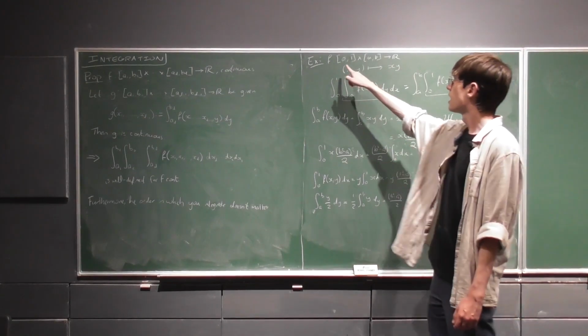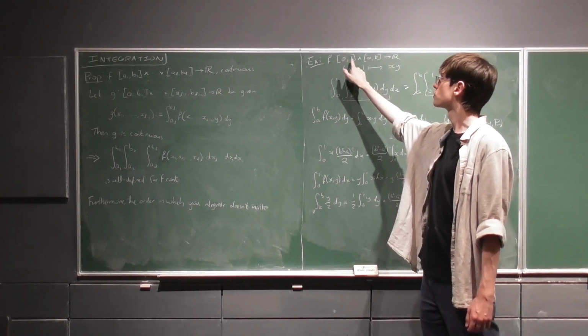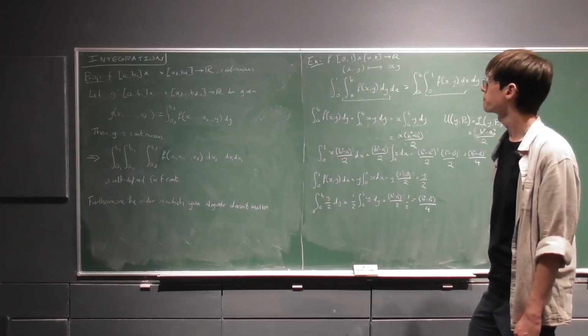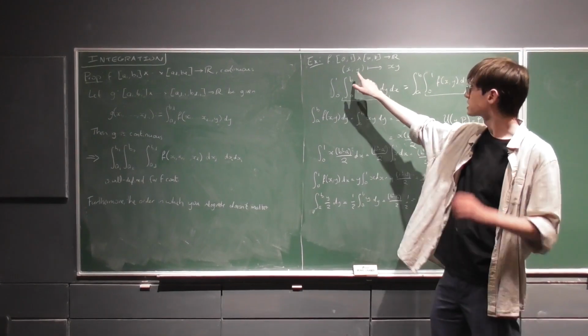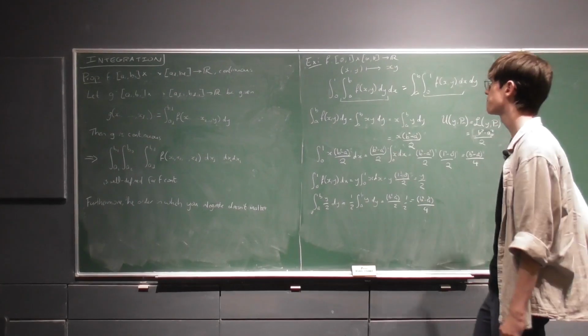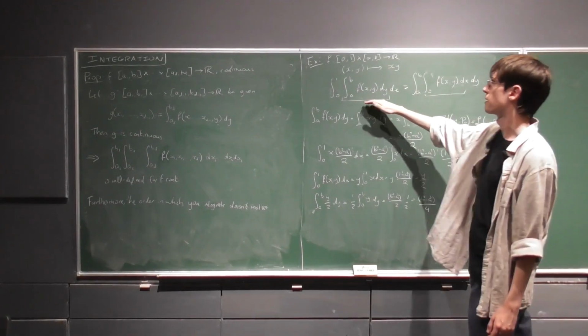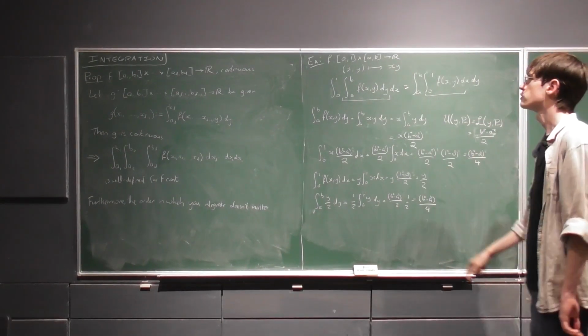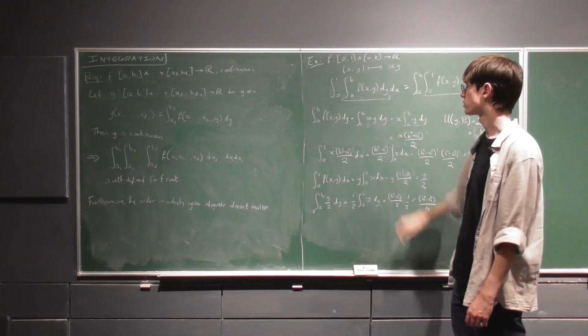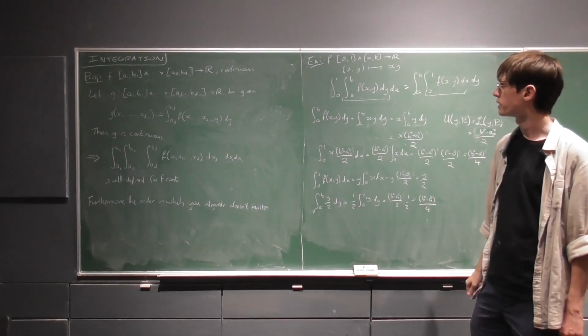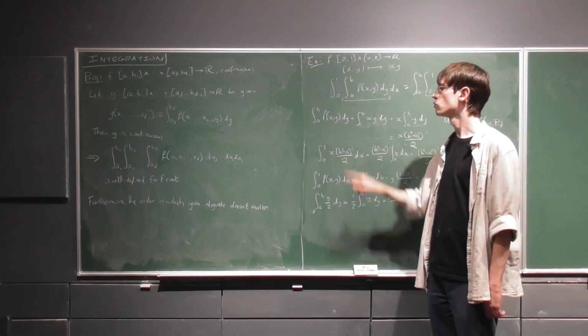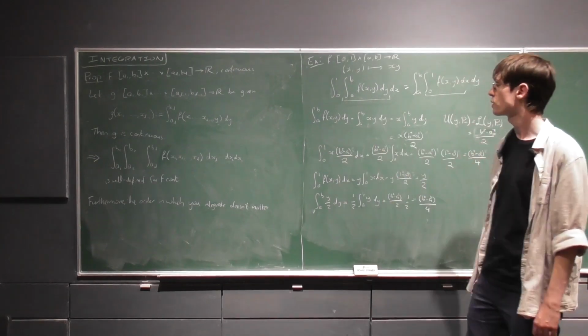If we just took f from [0, 1] across [a, b] to R as being the very easy map, (x, y) being mapped to x times y, I'll just show here that it doesn't actually matter which way we integrate this. So we just take this integral here with respect to y between a and b. Well, we can just write in what f of x, y is, such as x times y.